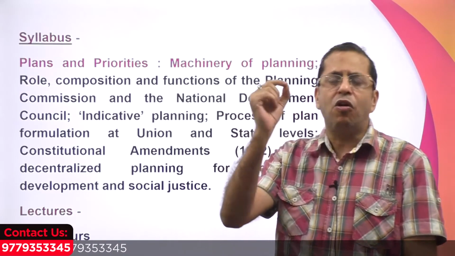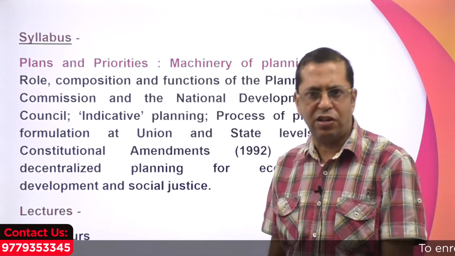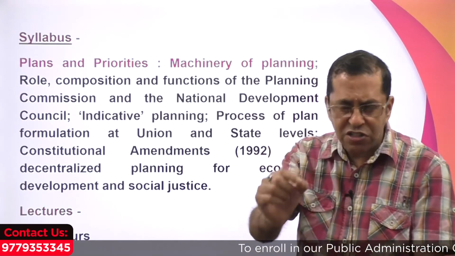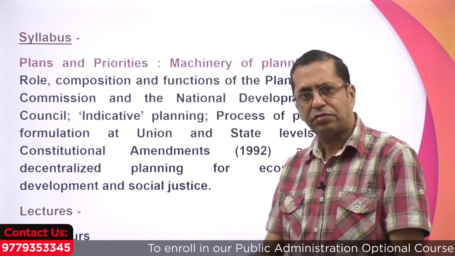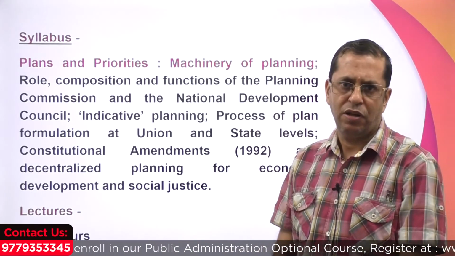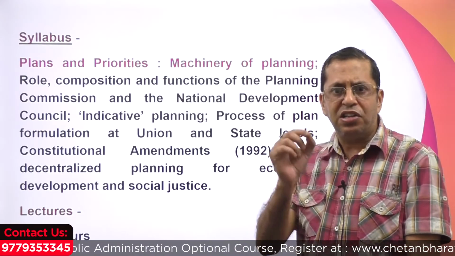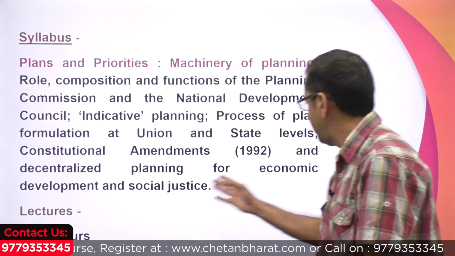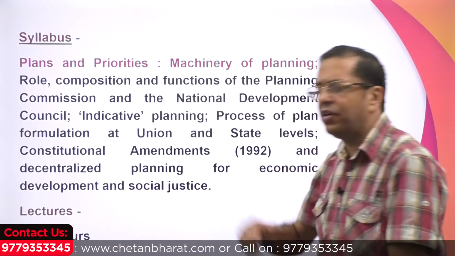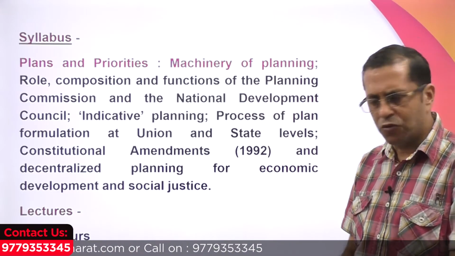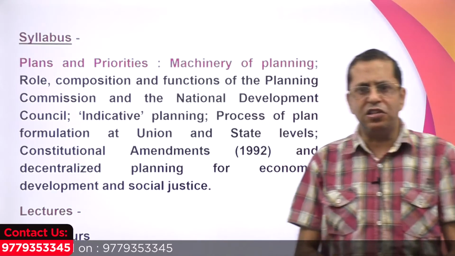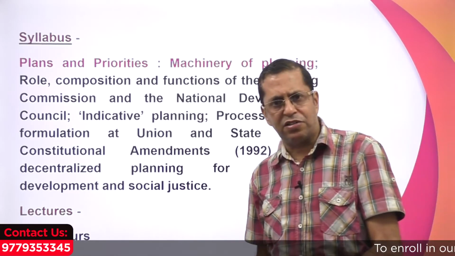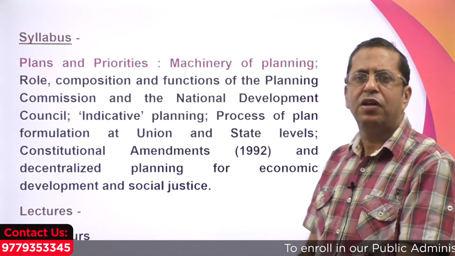It gave constitutional status to the Panchayati Raj institutions, and hence it gives constitutional status to planning at the district level by constituting district planning committees, and then decentralized planning for economic development and social justice. Of course, we will also study the recent developments in this process, for example, नीति आयोग.